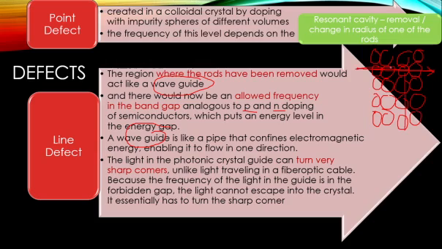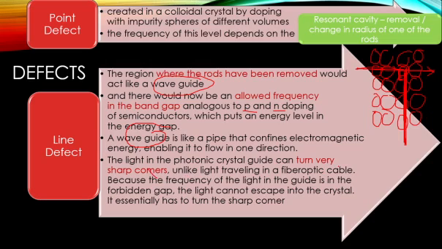The line defect will guide the light to be confined and directed along the cavity, along the waveguide. Such directing, even sharp bending, is also possible with such a defect. If you use a photonic crystal for guiding the light, it can turn around very sharp corners, unlike light traveling in a fiber optic cable.